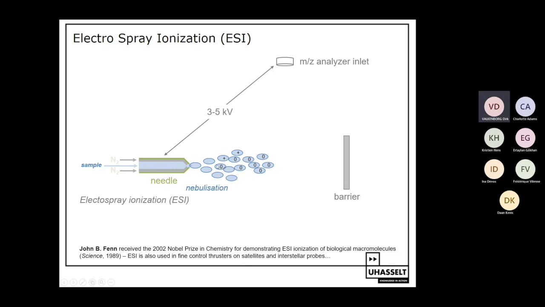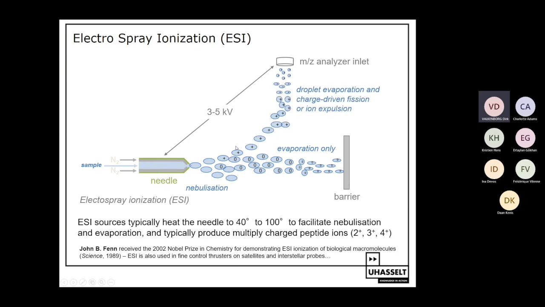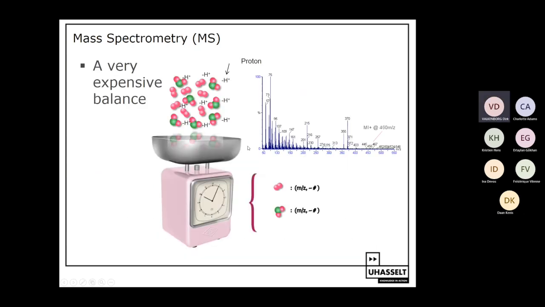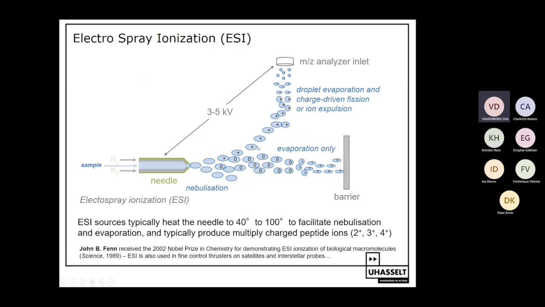These nebulae are very small, tiny droplets, and they will evaporate quickly. So what will happen is that these droplets will evaporate. They are charged because the protons are there. So the protons will repel each other, and a droplet will break into smaller droplets.